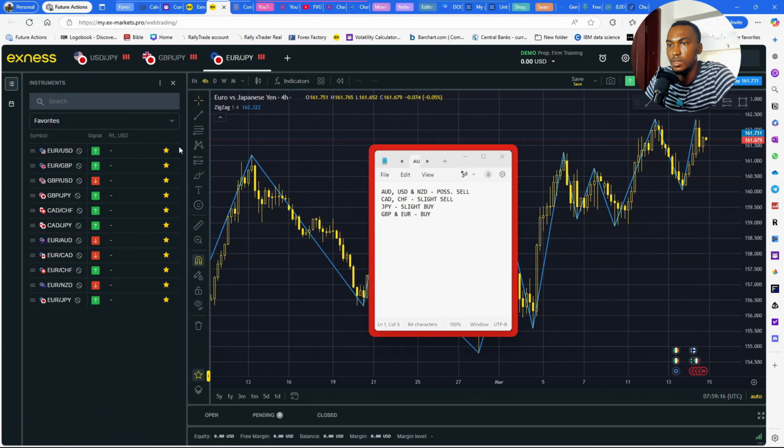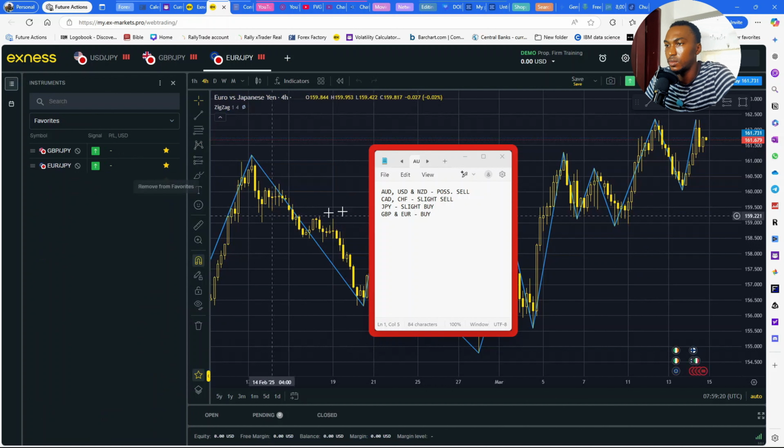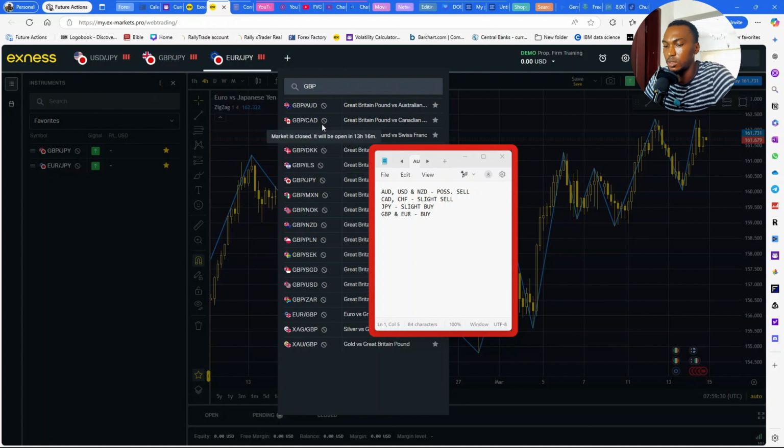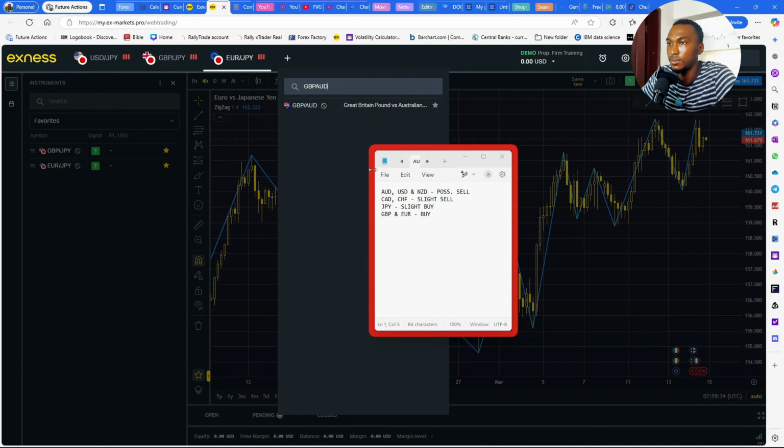All right, so basically we have these two for now, but euro to the yen I don't really trust that much. So pounds again to a strong sell-off.